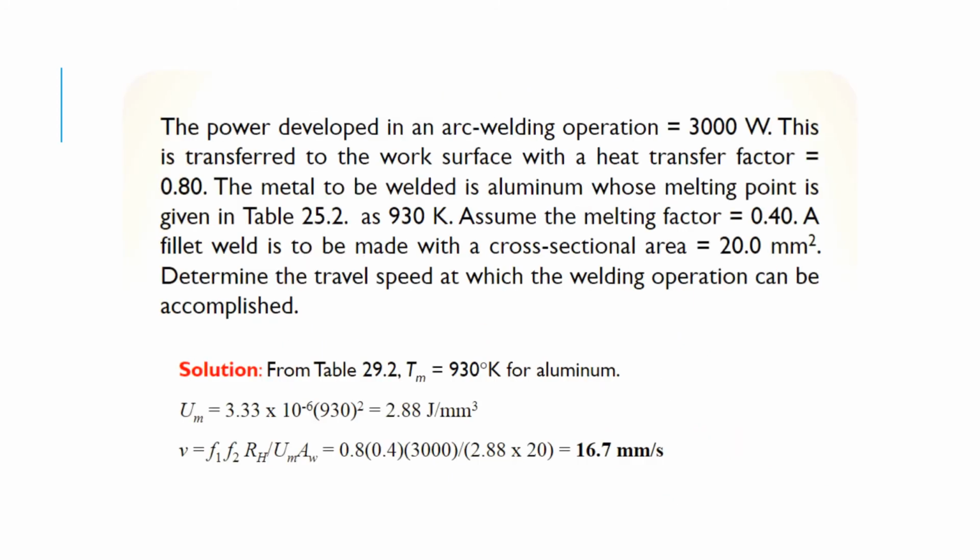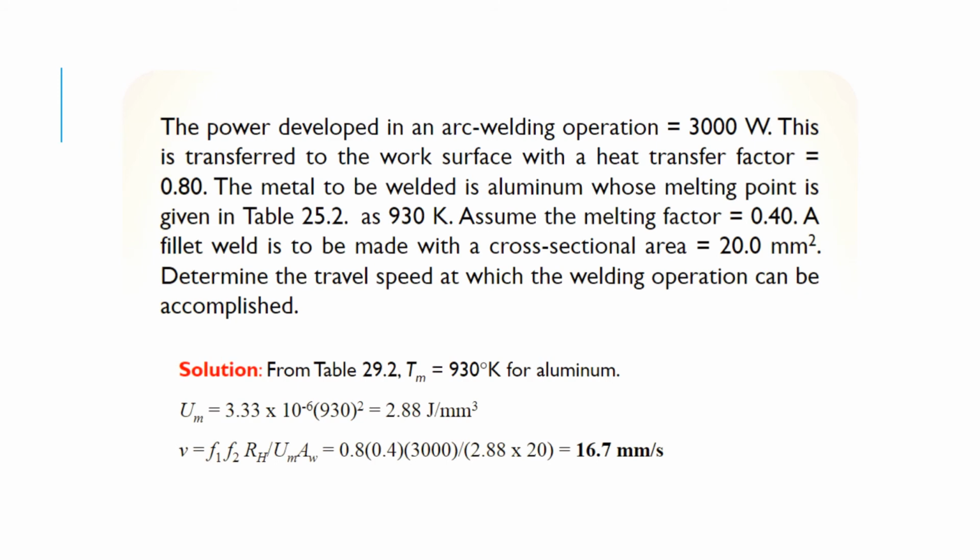So now let us see an example. The power developed in an arc welding operation equals 3000 watt. This is transferred to the work surface with heat transfer factor equal to 0.8. The metal to be welded is aluminium, whose melting point is given in table 25.2, in the next slide.